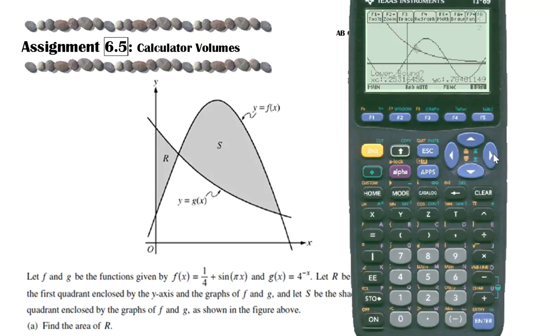I want a lower bound here and hit enter. Then I want to move to the right side for an upper bound. And this has a nice easy intersection point at 1, as we were perhaps expecting.